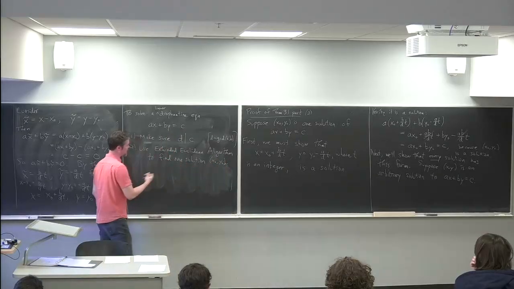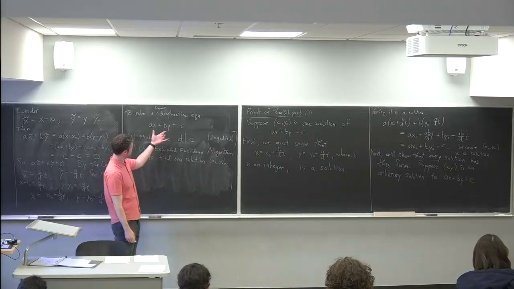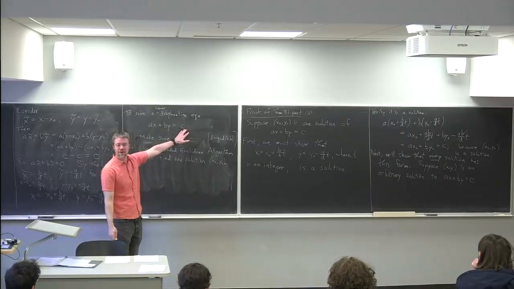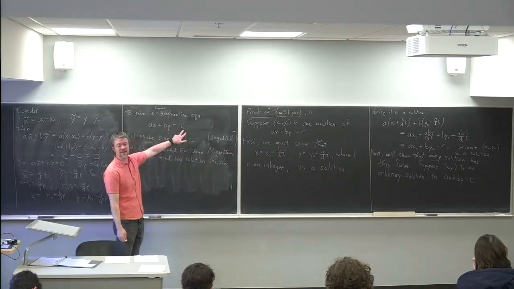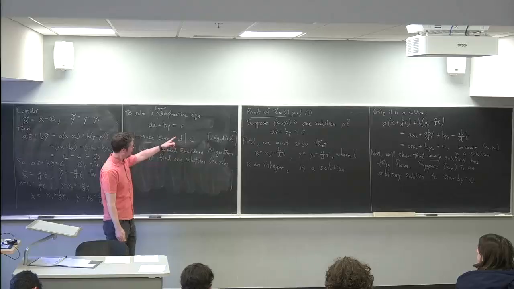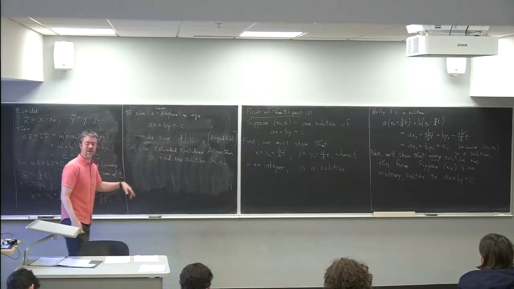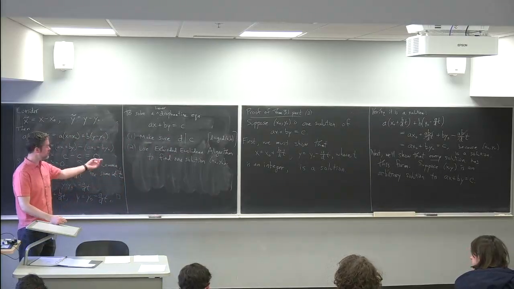Now what the extended Euclidean algorithm actually does for you is it gives you a solution to an equation like this where the right-hand side is d, actually. Right? That's exactly what the extended Euclidean algorithm does. It gives you one solution where the right-hand side is d, not c. But when you know c is a multiple of d, you can just multiply both sides of the equation by the appropriate multiple to turn the d into a c. And that's where this solution comes from.